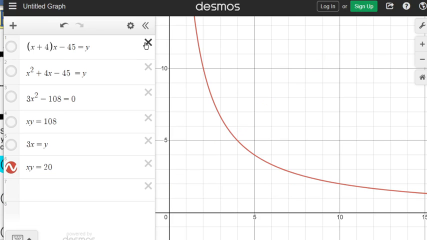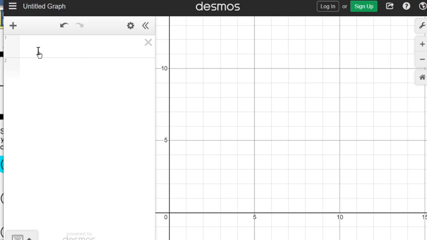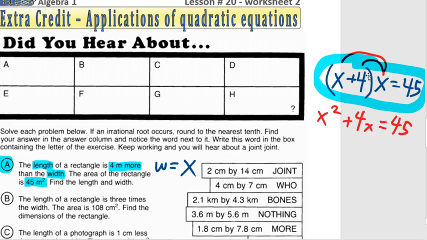Let's see here. Clear out everything I was working with before, and we'll plug in that equation we started with, and we could put it the other way around. Instead of this parentheses x plus 4 times x, we could put that x in the front.